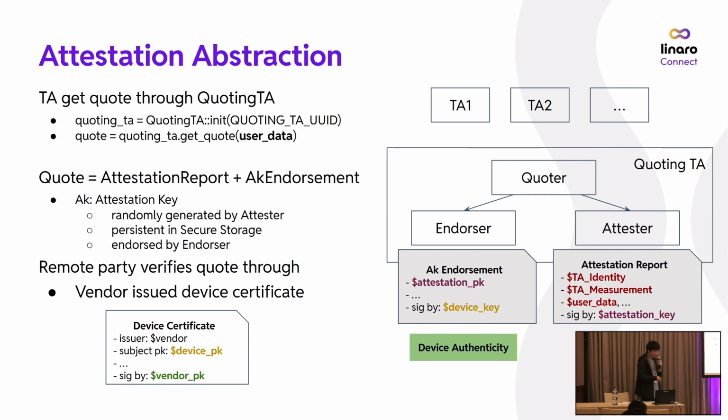Then, for a DePIN vendor, when they manufacture the device, they can issue a device certificate for this provisioned device key. After that, a remote party can verify the entire trust chain rooted from a vendor public key, which verifies the device key, and the device key endorses the attestation key.